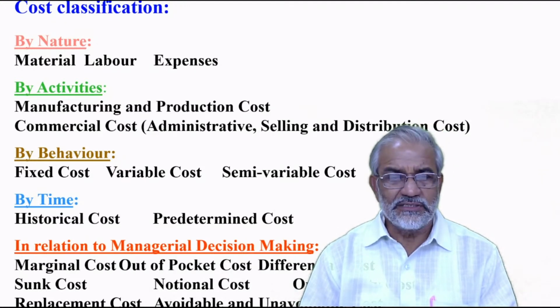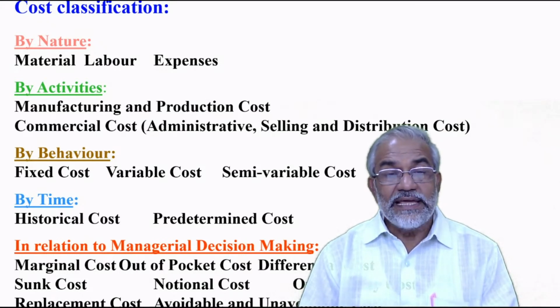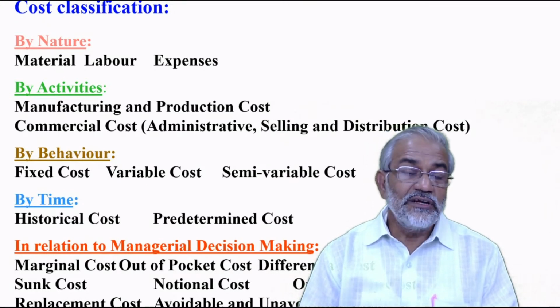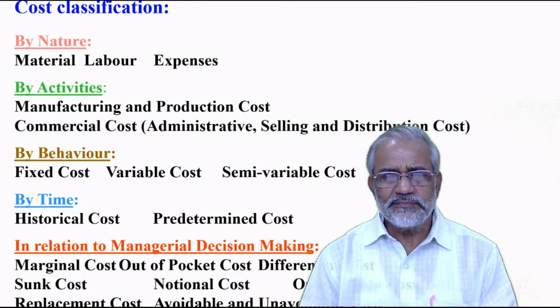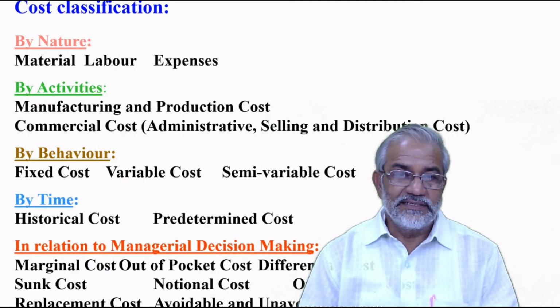That is called fixed cost. And the variable cost is the cost which varies directly and proportionately with the volume of production. That is called variable cost. And the semi-variable cost is partly variable and partly fixed. That is called semi-variable cost.